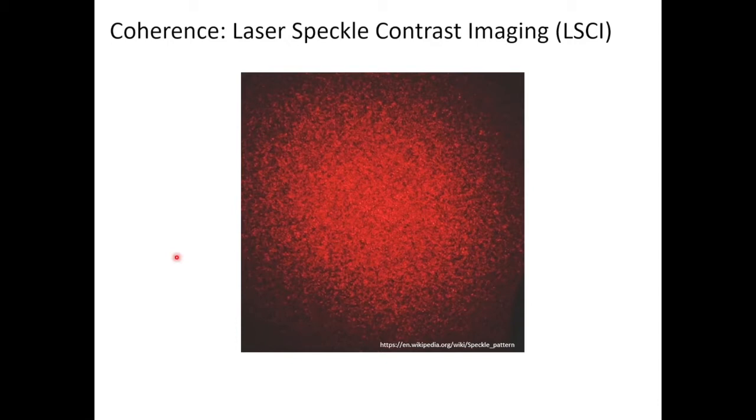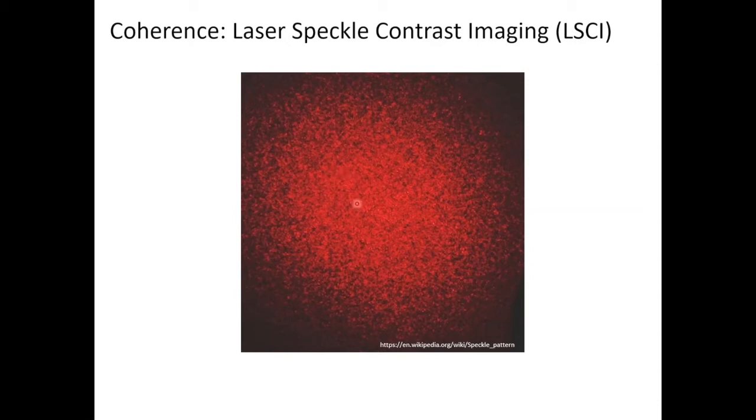It emerges from the fact that the coherent light bouncing off the surface travels a different path length at every single spot in this image, and so you'll get varying amounts of interference as the light comes back. The heterogeneity here is what we refer to as the speckle pattern, this sort of blotchy thing.